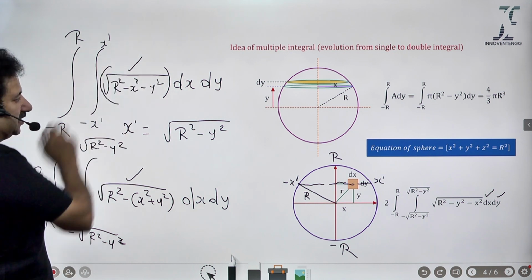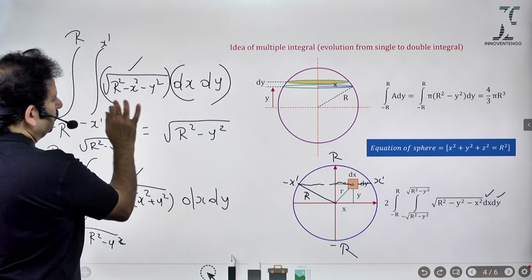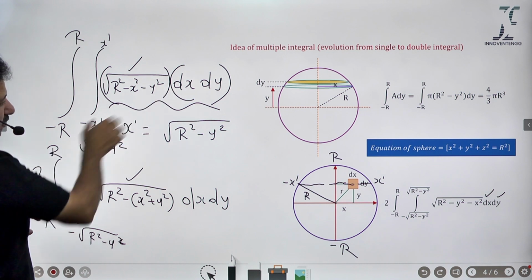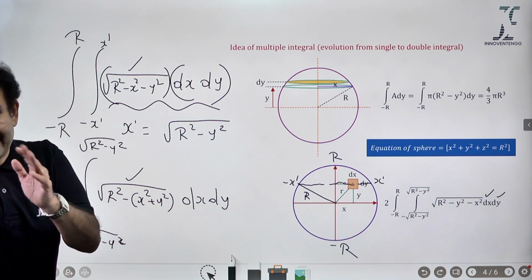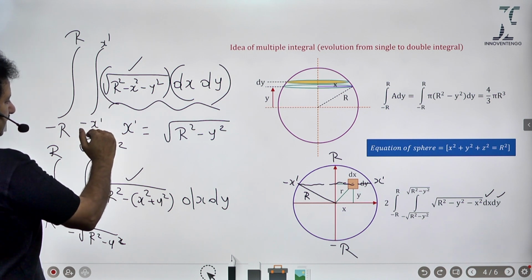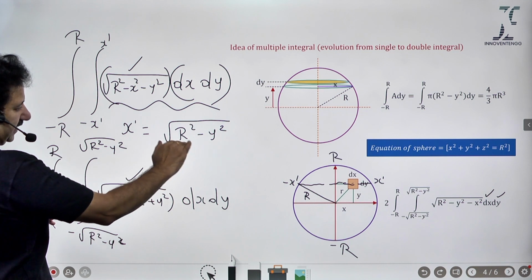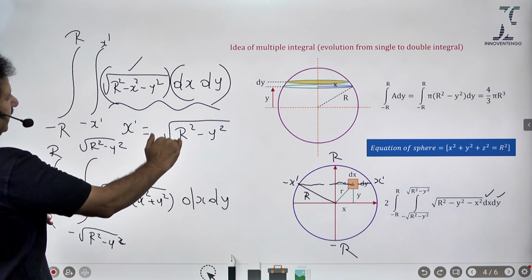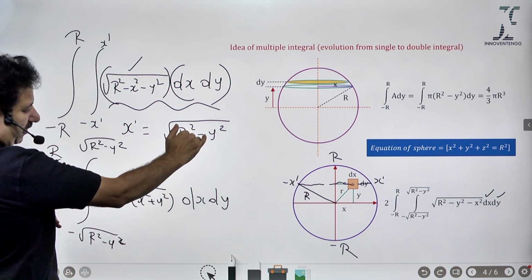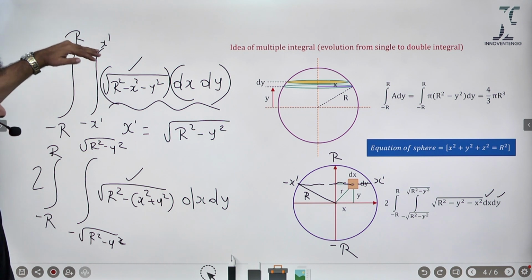You know how this expression came about, you know why we started with this, because this gives you the elemental volume, and that volume is integrated with respect to the two variables that define that elemental volume, and those variables have the limits: minus root of r square minus y square is the lower limit of x, the upper limit of x is root of r square minus y square, and those of y are minus r and plus r.